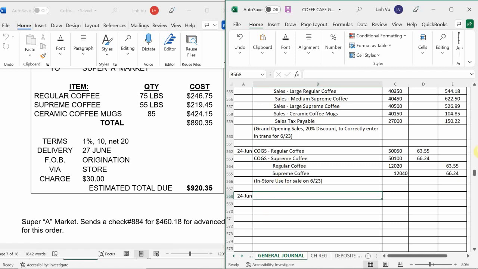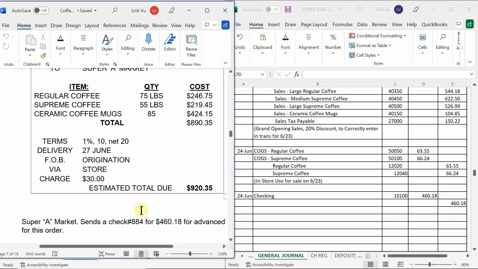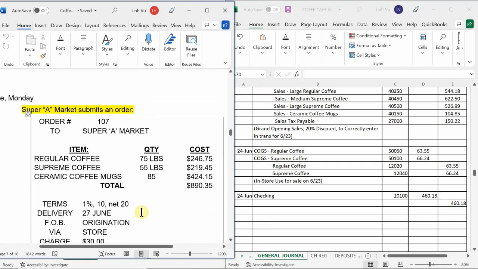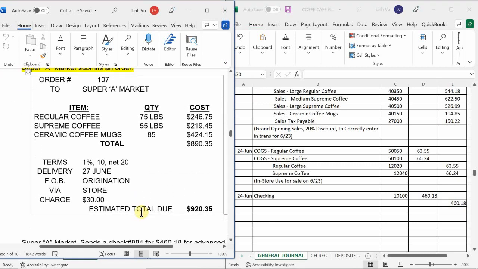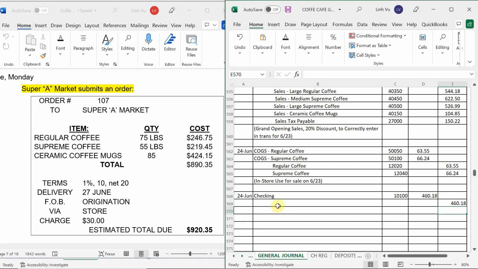So that's something we can recognize: we received a check for $460.18. Okay. Now we haven't even done the services yet. So what would you call this? Liability account. It is a liability account, and which one should it be?